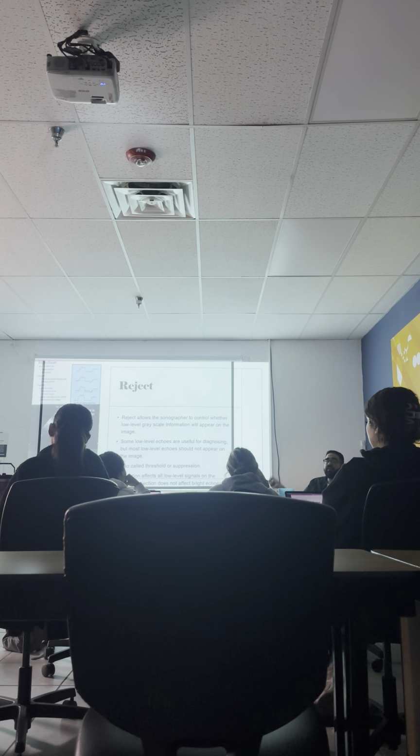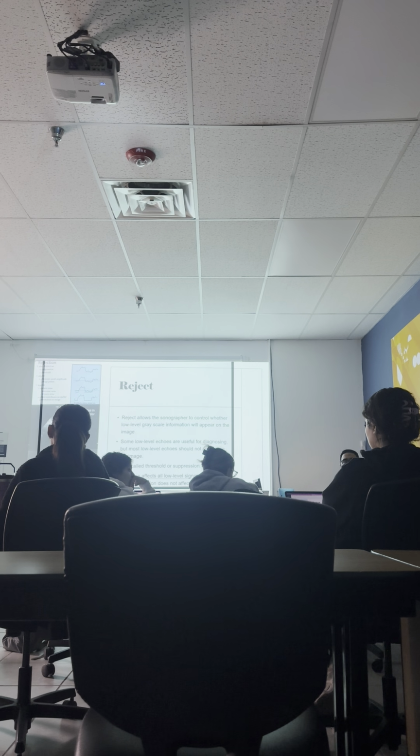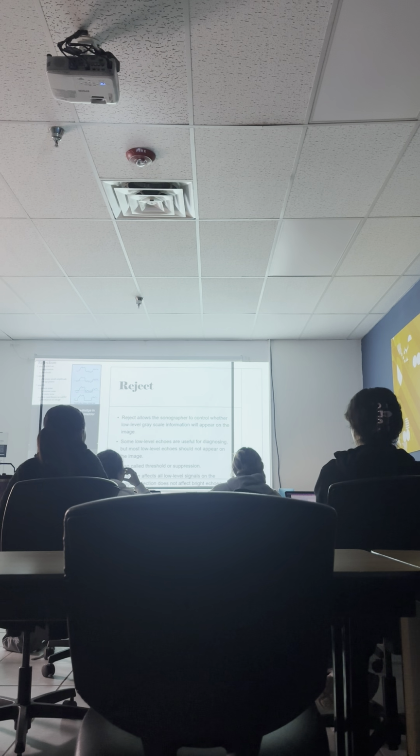So reject gets rid of the low intensity echoes. But we do want some of the low intensity echoes, like in the early stages of a disease. What's the difference between a cyst and an abscess?